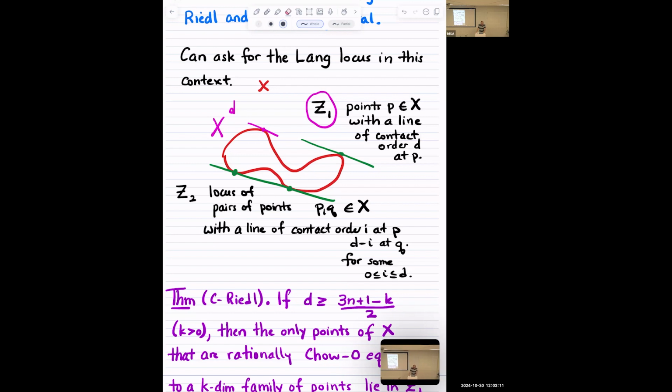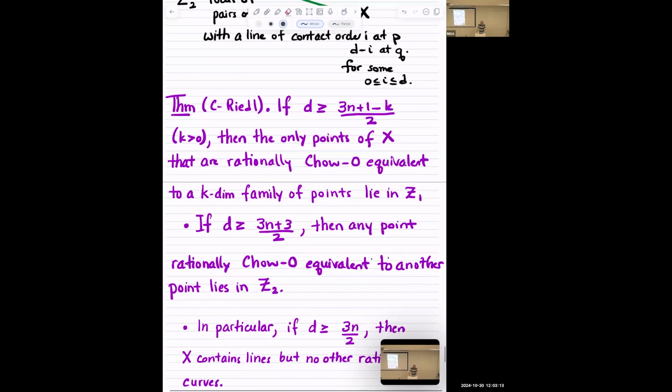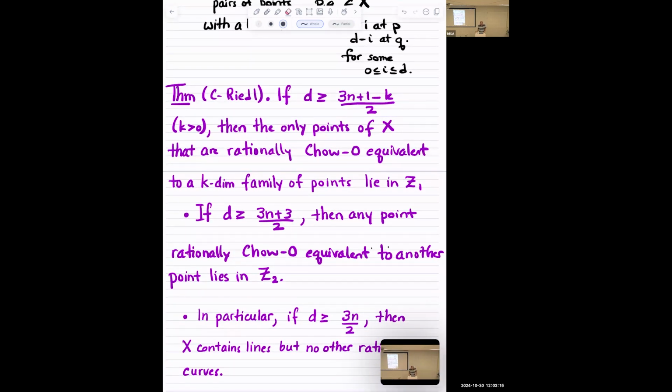And then you see the kind of question that you can ask, the kind of thing that you can say is the following. If I fix a positive K and say that the degree of your hypersurface is at least (3n plus 1 minus K) over 2, then the statement is that the only points of X that are rationally Chow zero equivalent to a K-dimensional family of points lie in Z1.